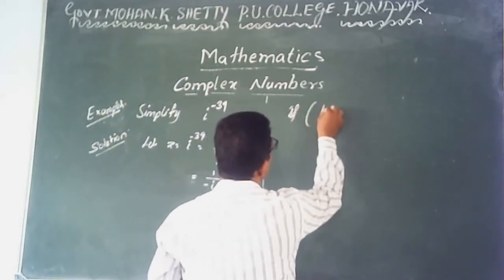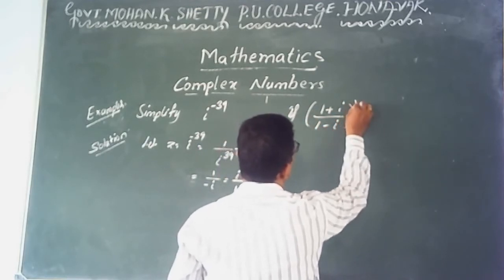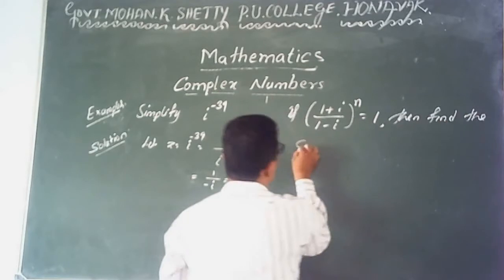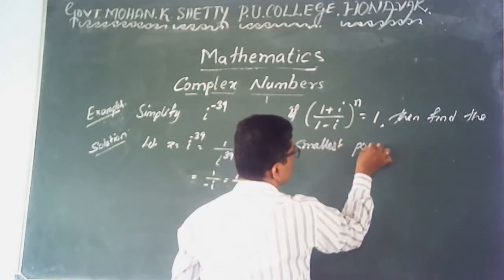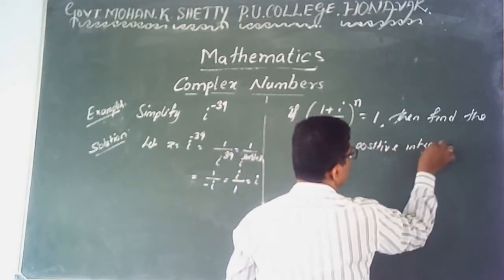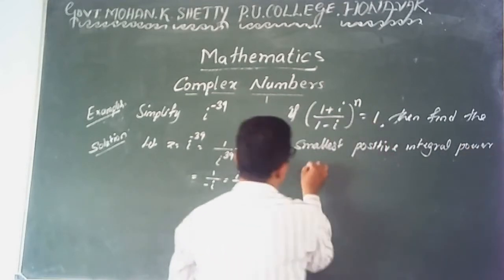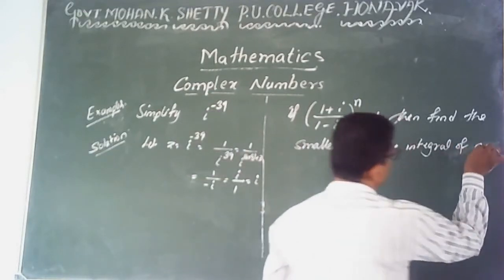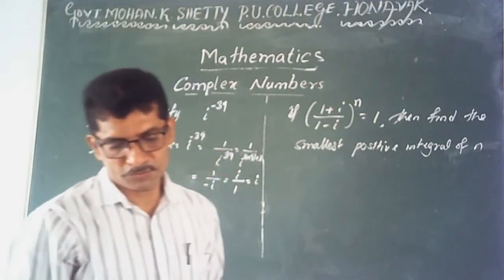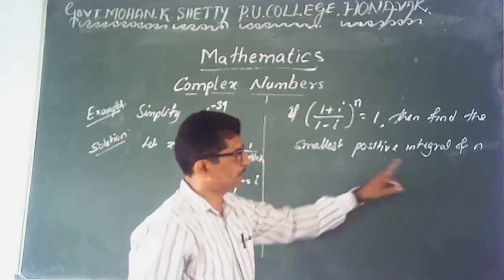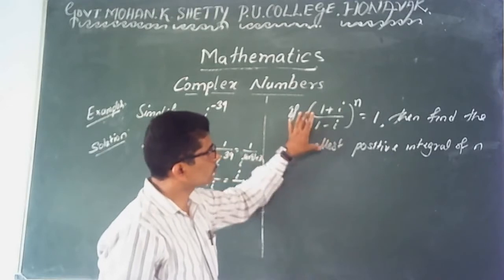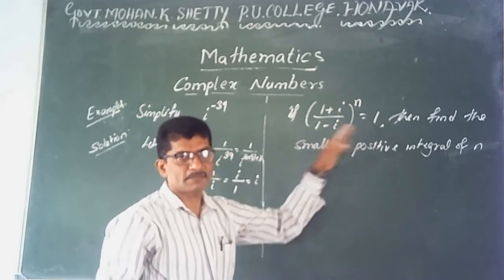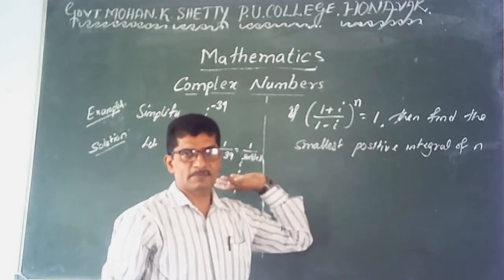If 1 plus i divided by 1 minus i, raised to n, is equal to 1, then find the smallest positive integral value of n.